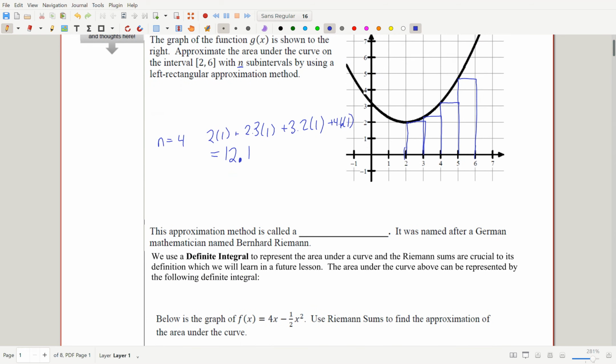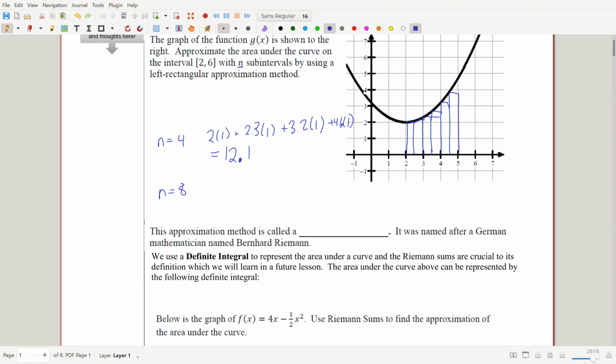Now, if I had done that with n equals 8, what would change in my sum? What are some of the changes that would happen here? Right. So all of our widths would be a half.